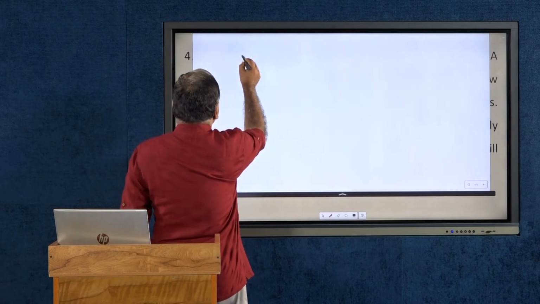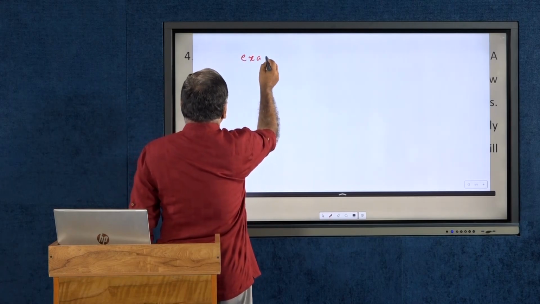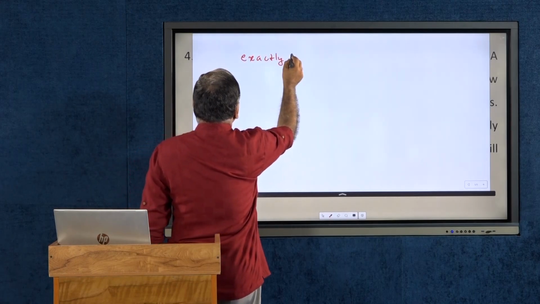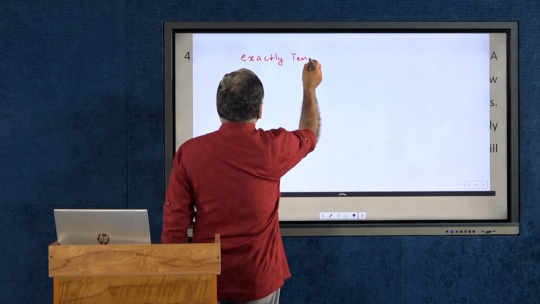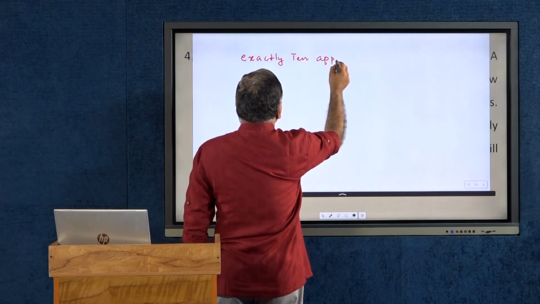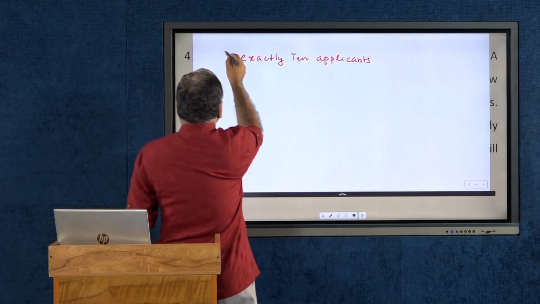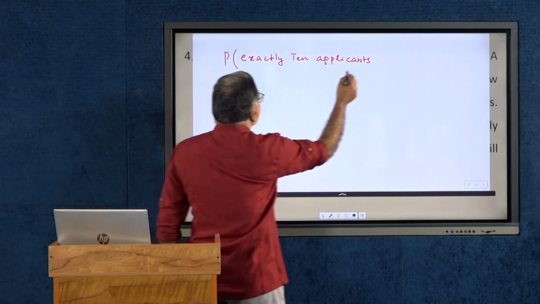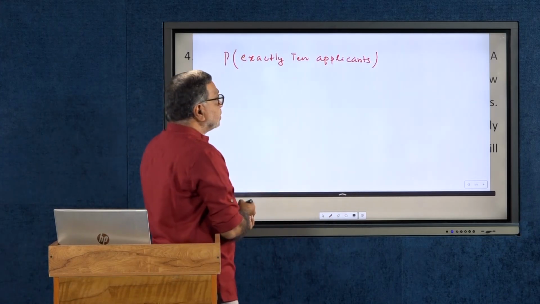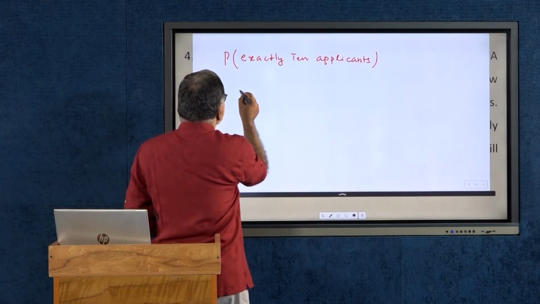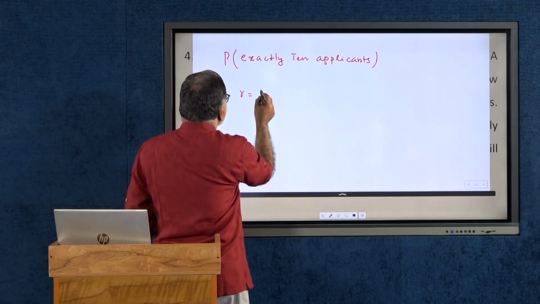They will interview exactly 10 applicants. What is the probability that they will interview exactly 10 applicants? And how many positions are there? 3.